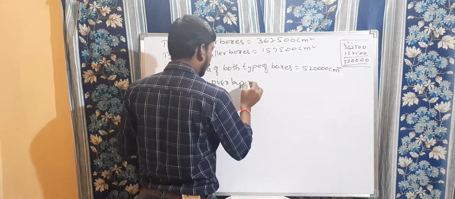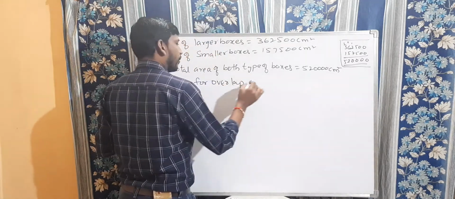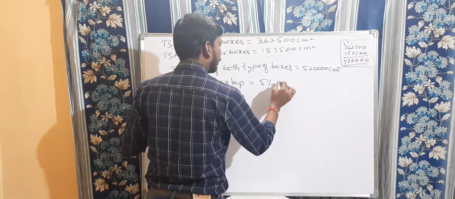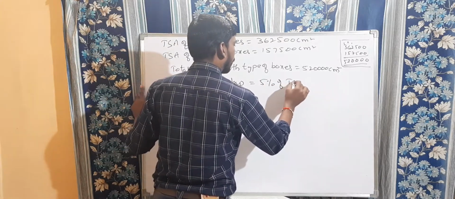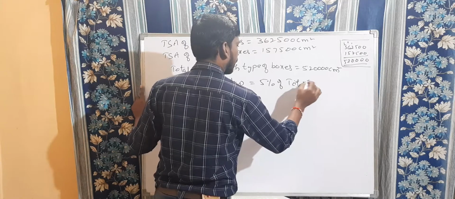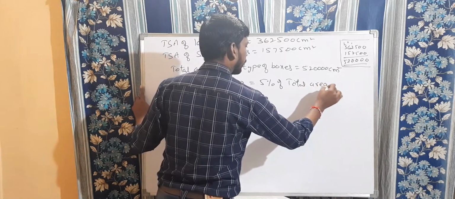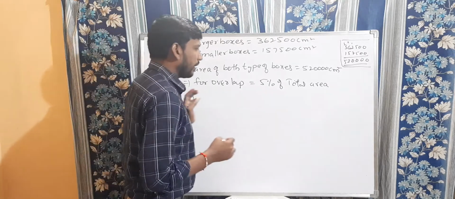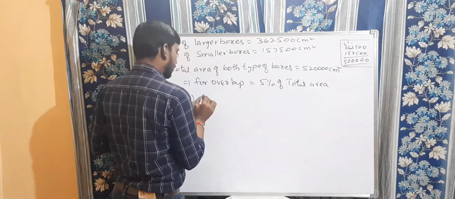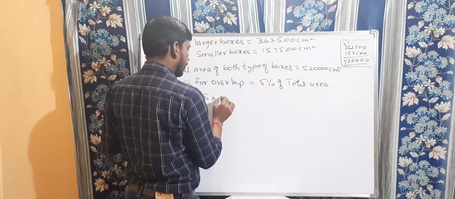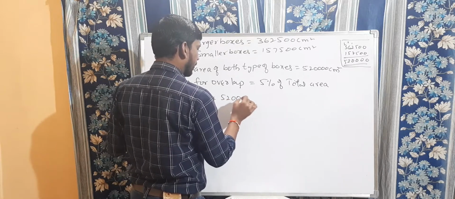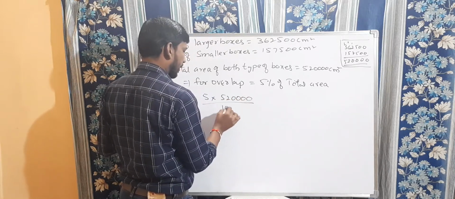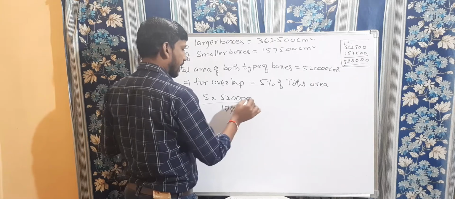Overlap is equal to 5% of the total surface area, total area. Which implies 5 into 520000 by 100. Clear? Two zeros cancel.